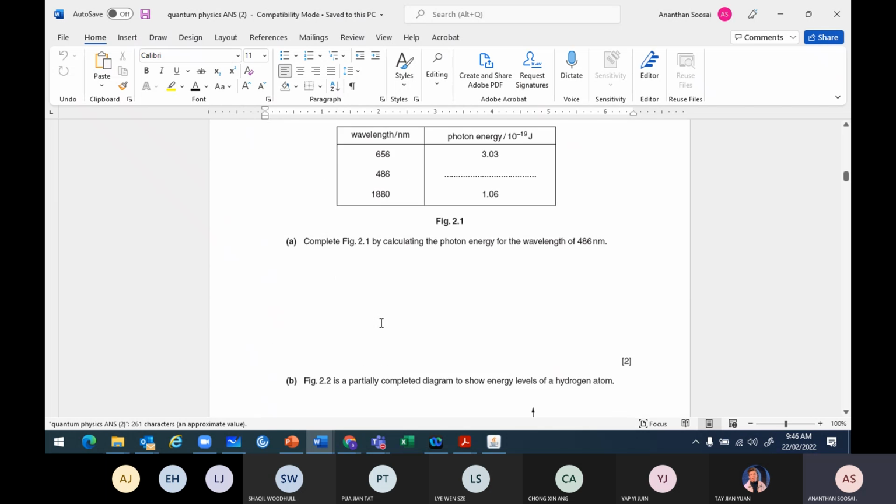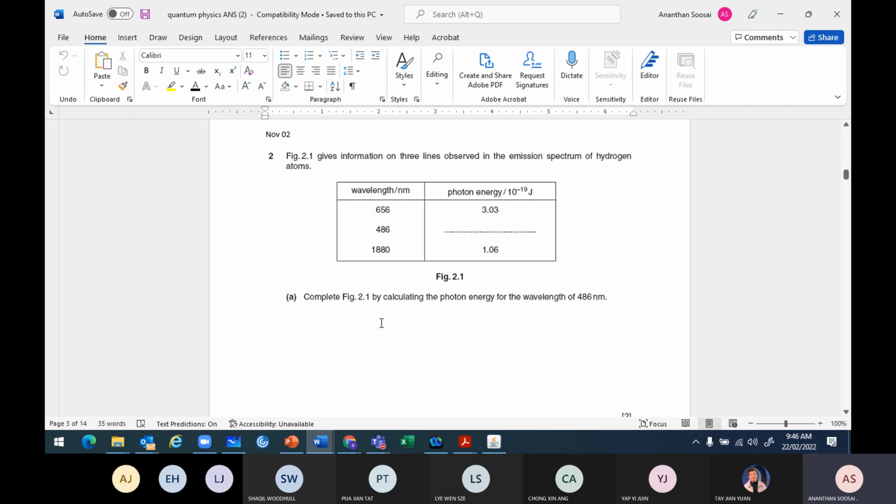Just selective questions. This one is about line spectrum. Figure it out. First question, fill the table.